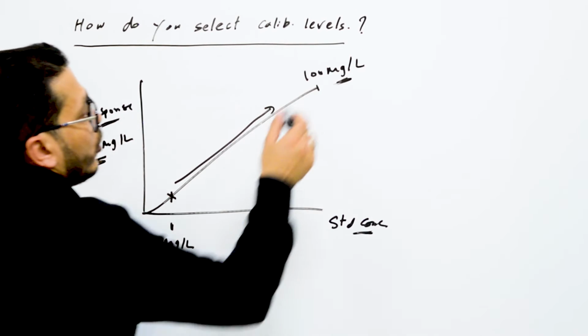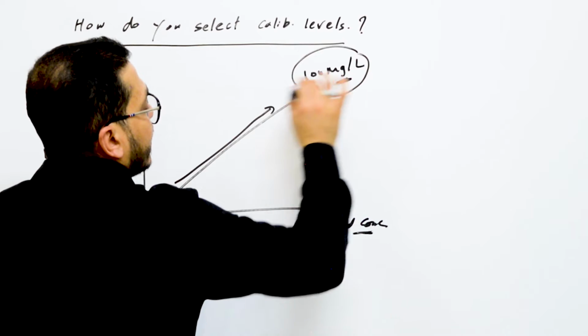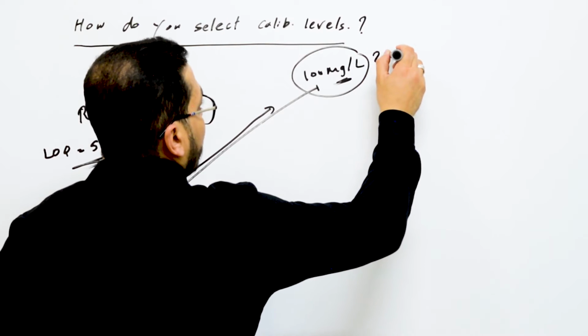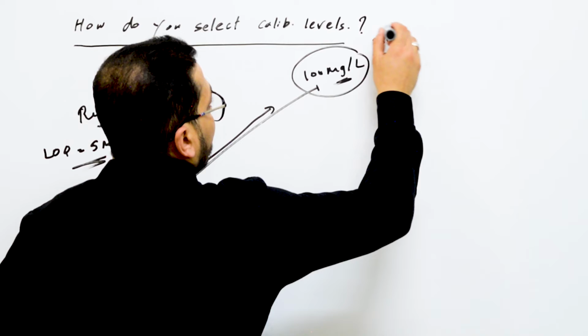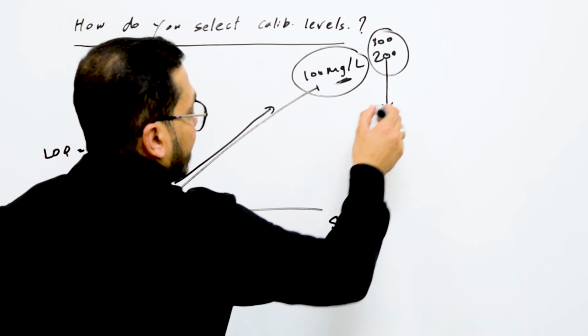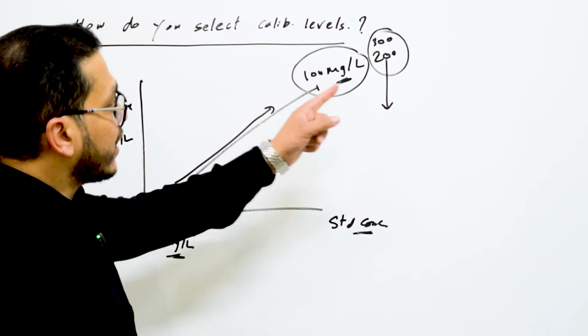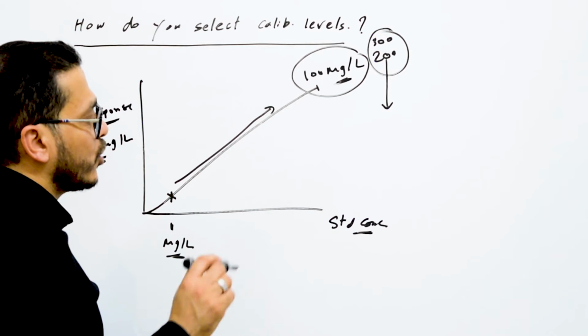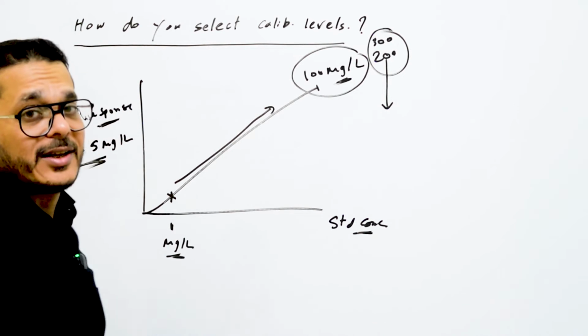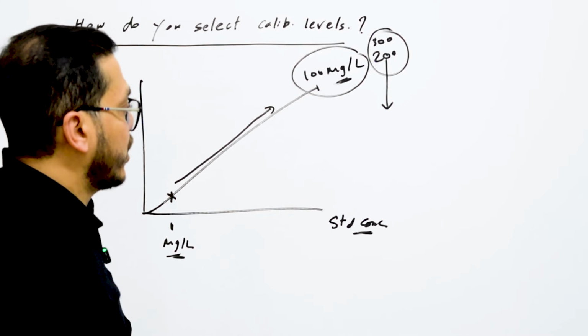And if you can get 1 point higher than this concentration, it is better to go for this, maybe 200 or 300 microgram per liter. But if the instrument cannot analyze this concentration accurately, how can you know that?